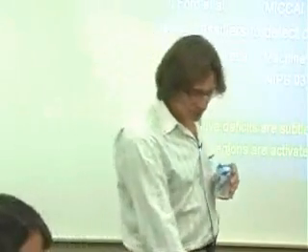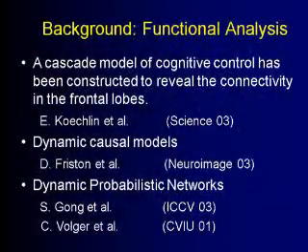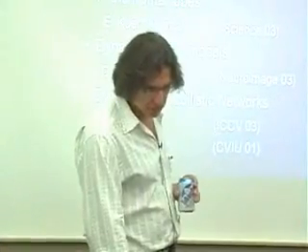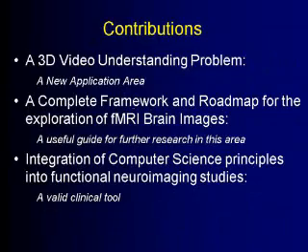So for cognitive state, it's an easier problem. I'm going to skip the temporal analysis. For functional analysis, the important one to remember is the dynamic causal models. This has a lot of traction in the neuroscience community.